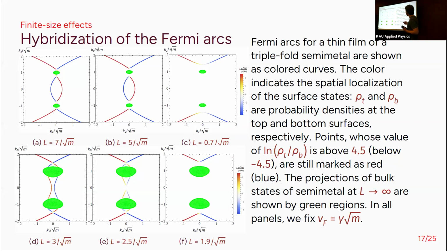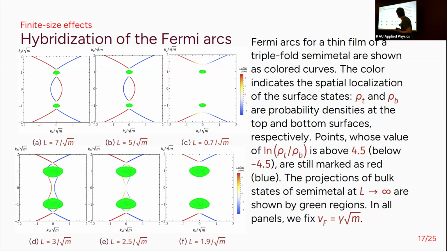We see that for finite size, the Fermi arcs become not discontinuous, but they do not always touch the projection of bulk states. The top pictures represent energy 0.2 gamma m, and the bottom pictures 0.6 gamma m.